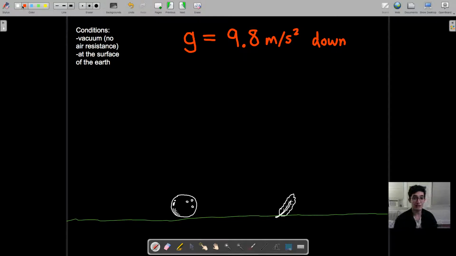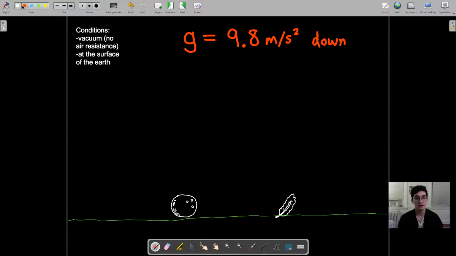If you want to round g to 10 and use 10 for g, I'm perfectly okay with that. Just know that typically you will see little g as 9.8 meters per second squared, or even 9.81 if we're getting picky, okay?